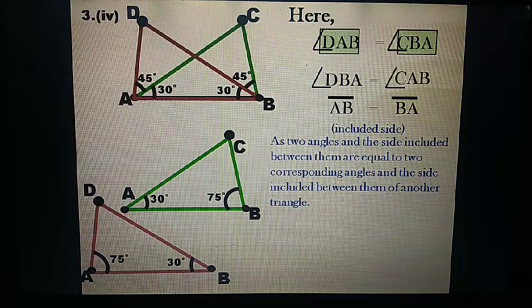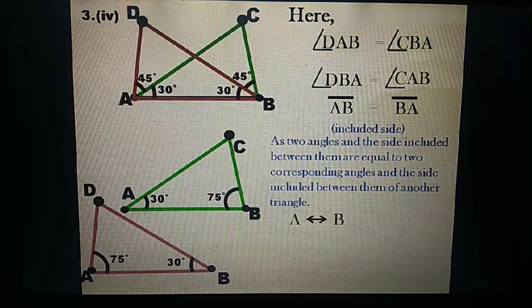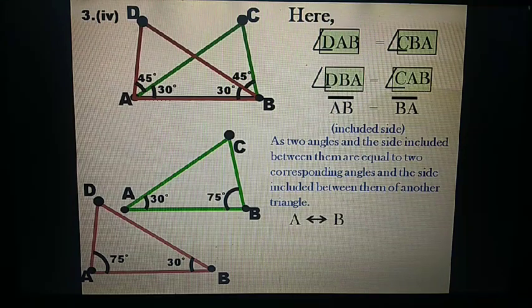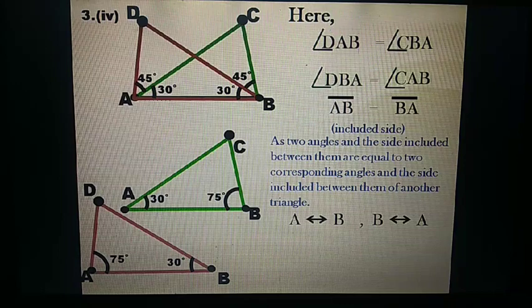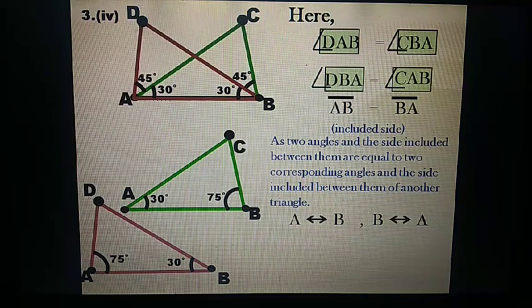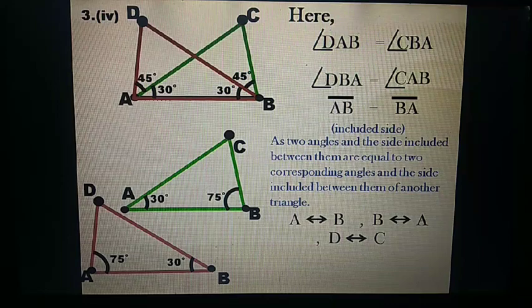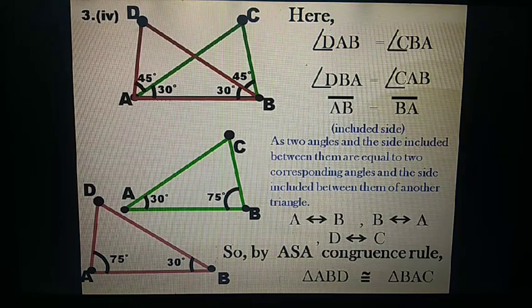Here A corresponds to B. The next is B corresponds to A. The left part after checking for A and B is C and D. So D corresponds to C. Now representing the same in symbolic form, you will get triangle ABD congruent to triangle BAC. First letter from the first vertices set, second from the second vertices set, and third from the third vertices set.